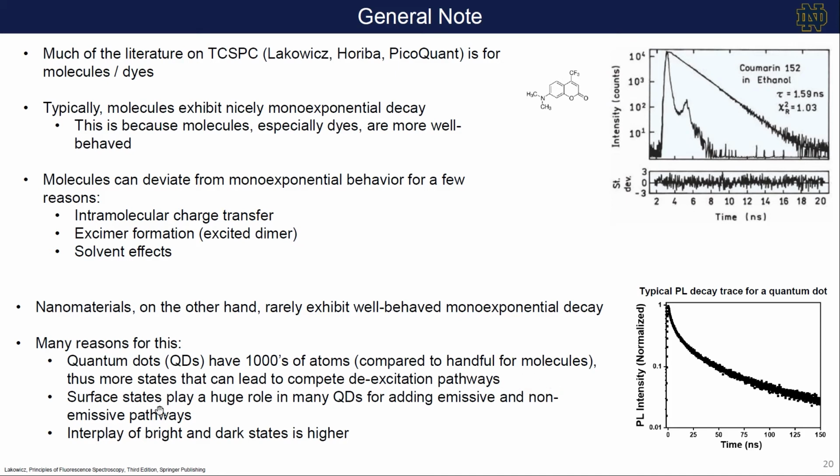One of the major ones is surface states. If you have an atom at the surface of a quantum dot that's not well passivated, it'll have a dangling bond, and that can add all sorts of non-emissive pathways. Additionally, quantum dots generally have a higher interplay of bright and dark states, so all of these things together lead to less well-behaved decays in your PL decay data. So just have that in the back of your mind a little bit.